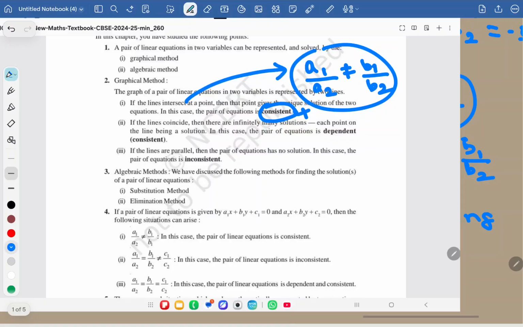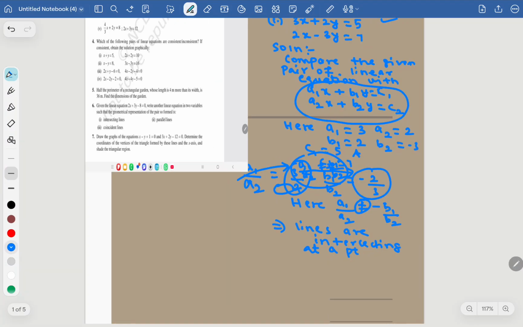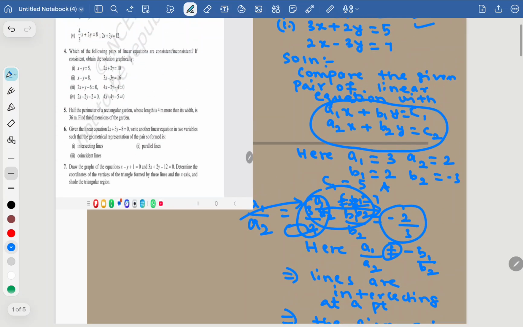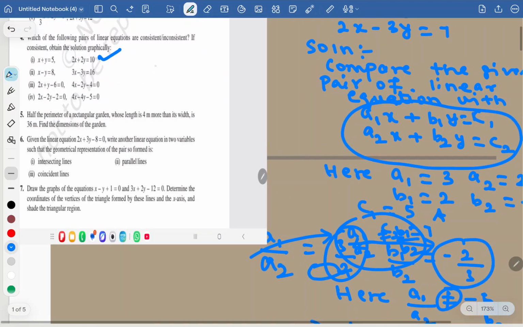Therefore, for the first subdivision we can say the given pair of equations is consistent.